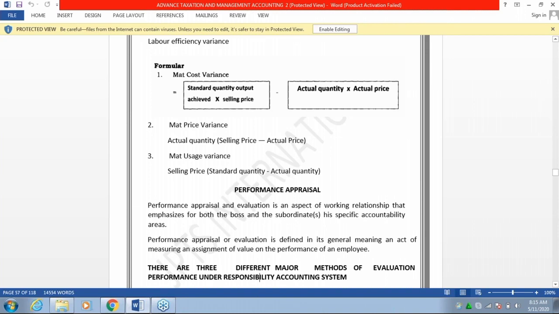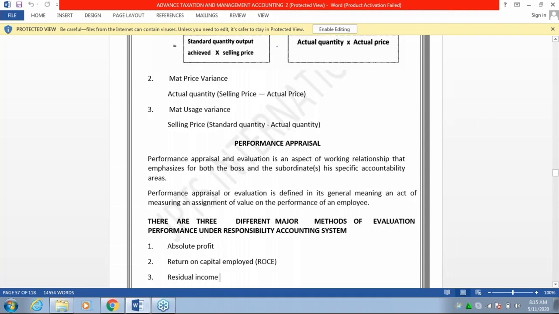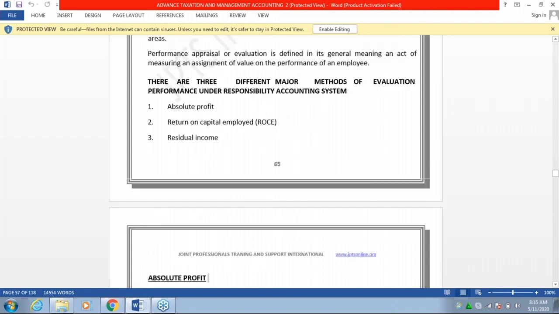Performance appraisal or evaluation generally means the art of measuring the value or the performance of an employee. There are three major methods of evaluating performance under a responsibility accounting system.